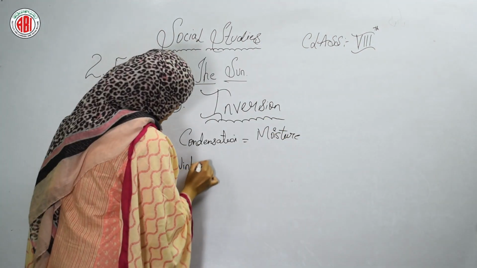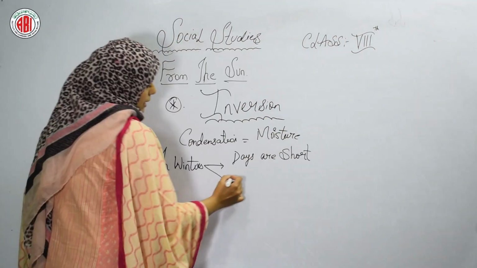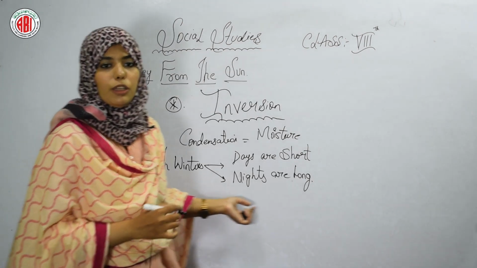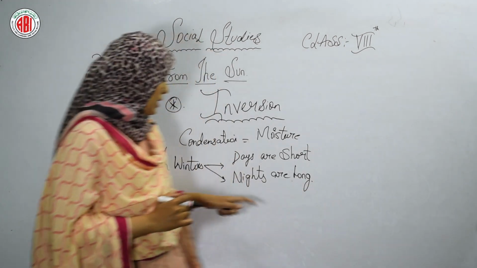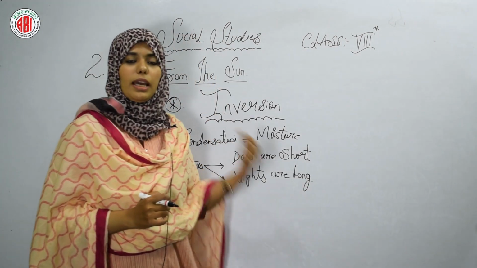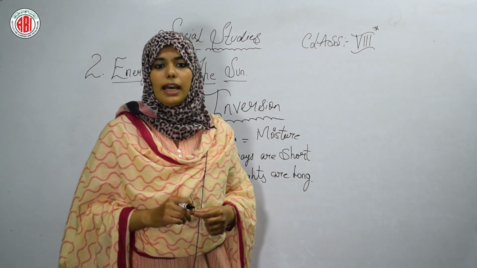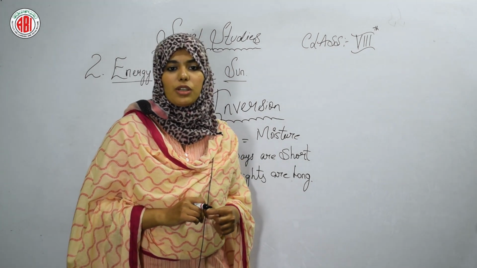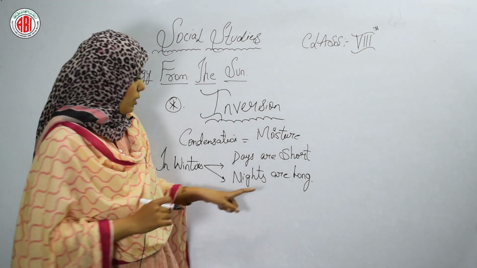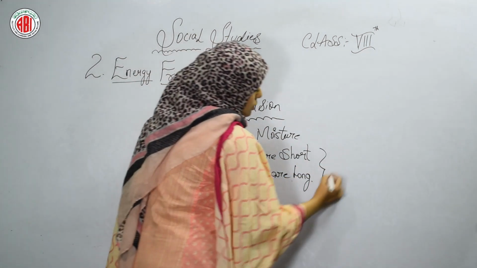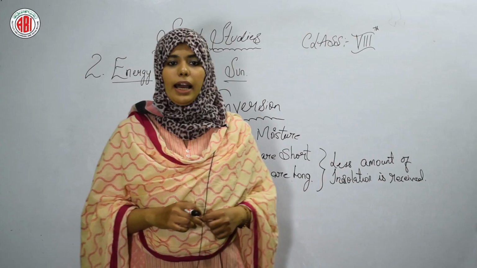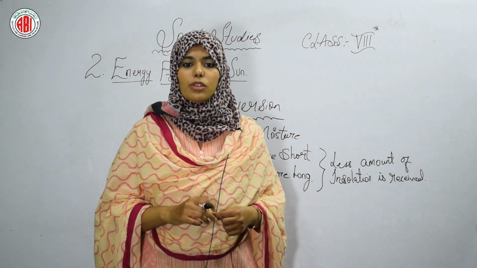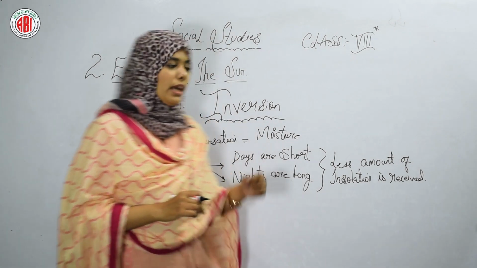Everybody knows this. Because of this, a less amount of insolation is received, and there is excessive radiation due to the longer nights. This is known as inversion.